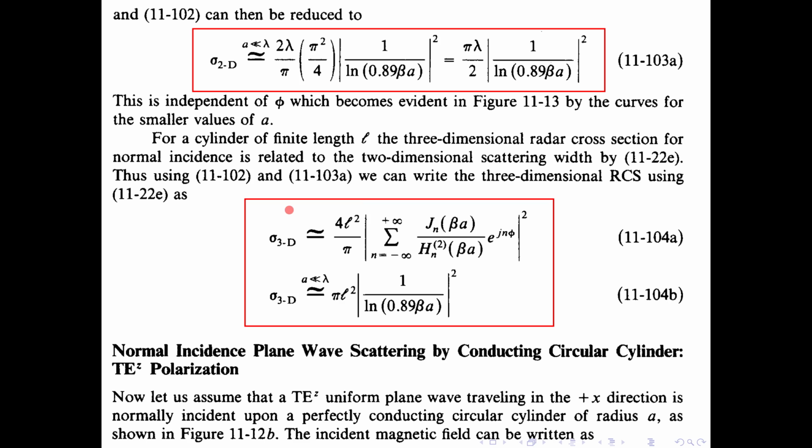And now, if we remind the formula for the radar cross-section of a three-dimensional cylinder approximately computed from the radar cross-section of the two-dimensional infinite circular cylinder, using that formula we can obtain an approximation of the radar cross-section in 3D for the three-dimensional cylinder of length L and perpendicular incidence, provided that L is much larger than lambda. We obtain this equation.